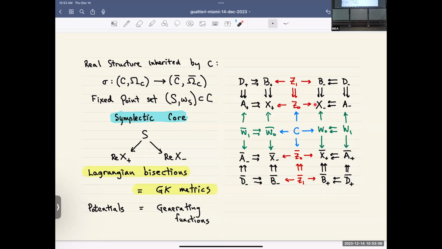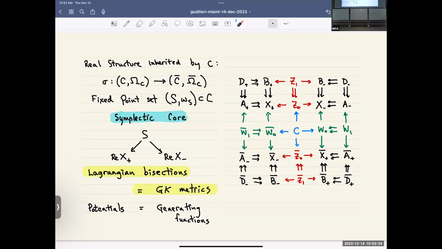So again, let me just tell you the dimension. If the dimension of our original complex manifolds is n, then these two will be double, and these will be double that. So this is 4n dimensional, and it's holomorphic symplectic. The 4 extreme points are all holomorphic symplectic, and the center is holomorphic symplectic. Okay, those are the only symplectic manifolds in this, and they're all holomorphic symplectic. But this one has a real structure.